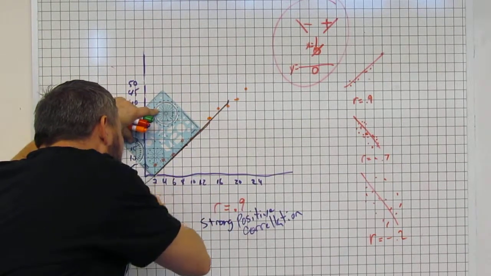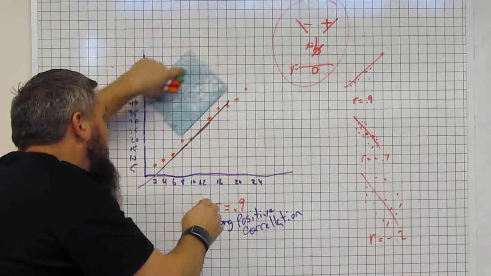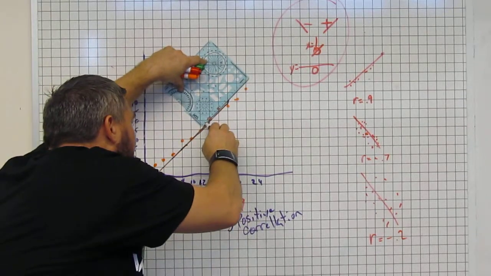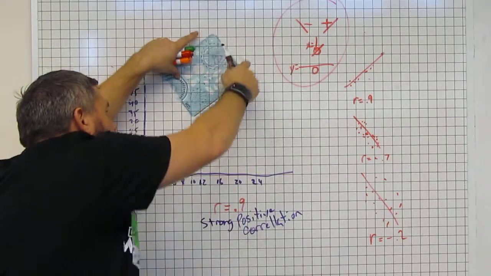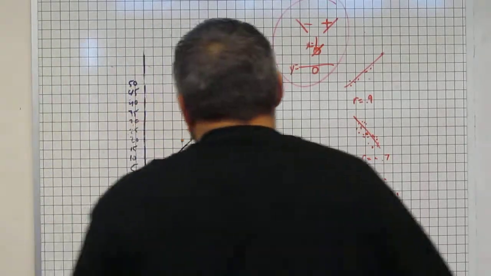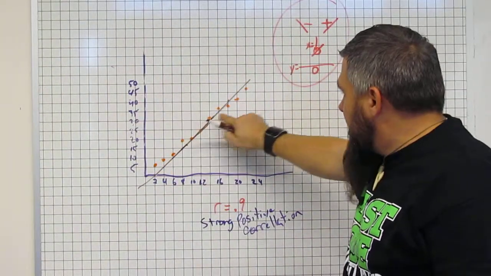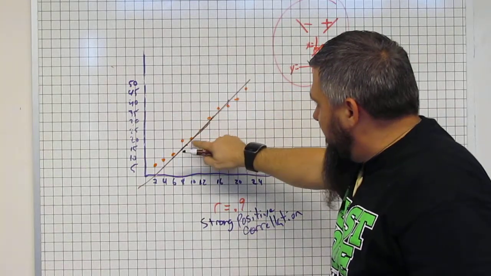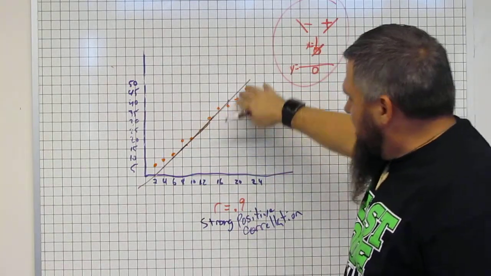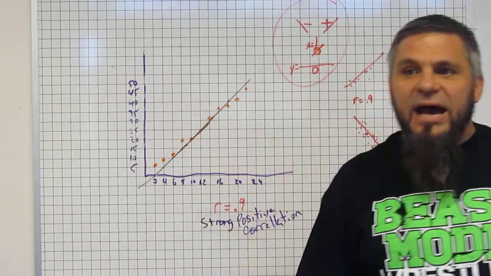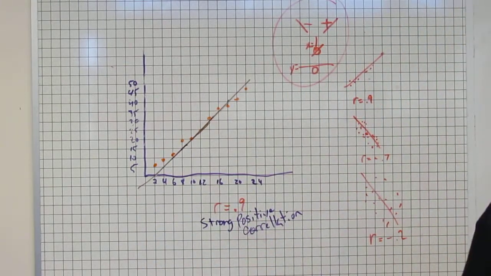This line works for me. The reason it works is I've got 3 above, 3 below, and 3 on it, so I'm splitting it in half. Half are above, half are below.